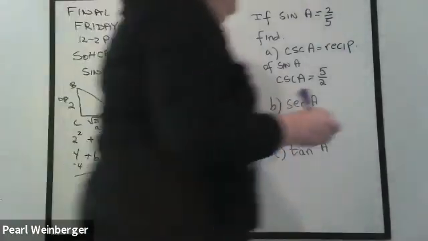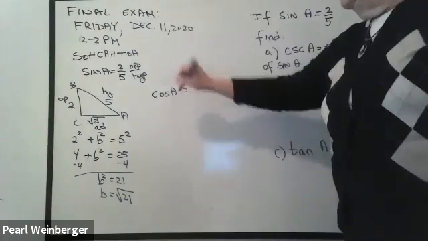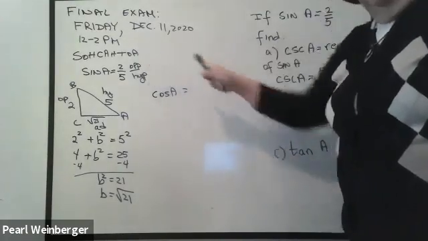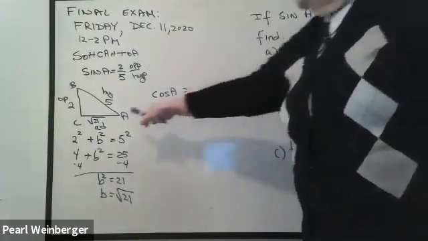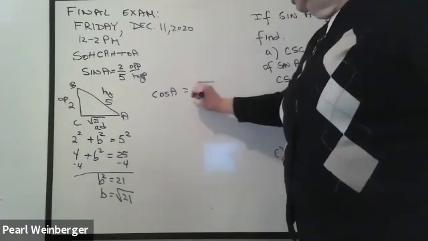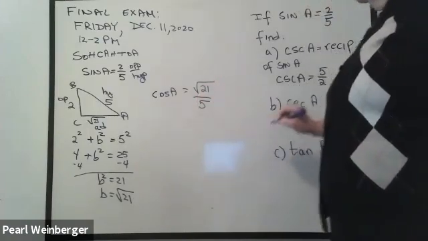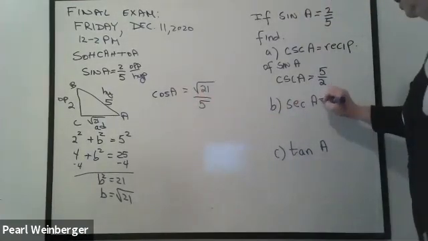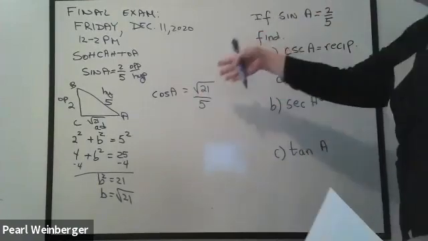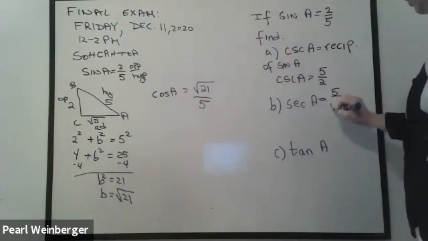What that means in terms of cosine, the cosine is adjacent over hypotenuse. So now I know the adjacent side is square root of 21 over the hypotenuse, which is 5. Now that means that the secant, remember, is the reciprocal of the cosine, is 5 over radical 21.